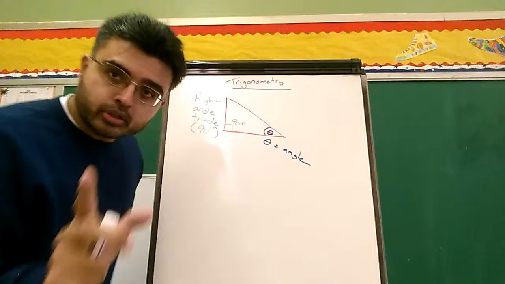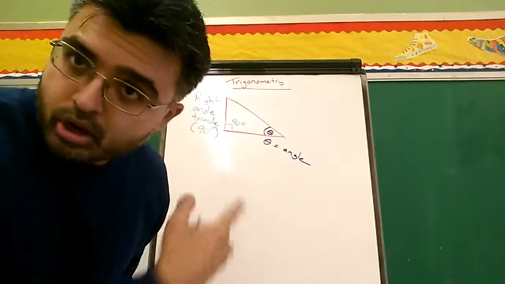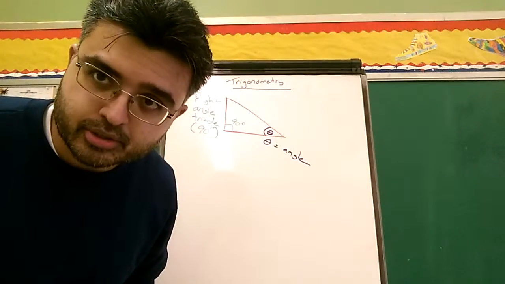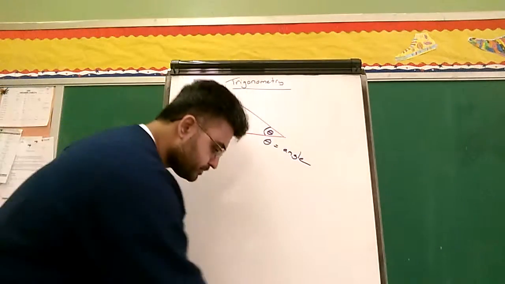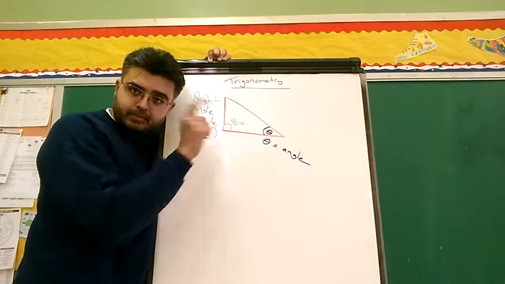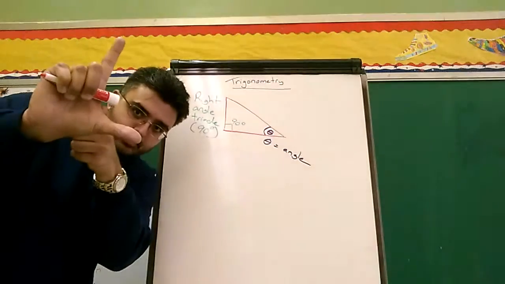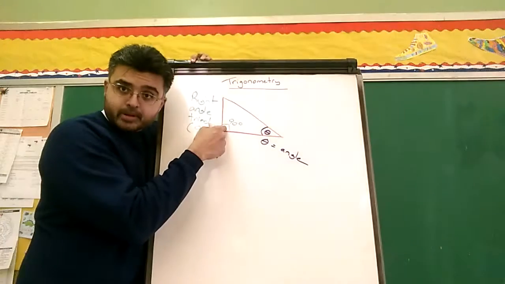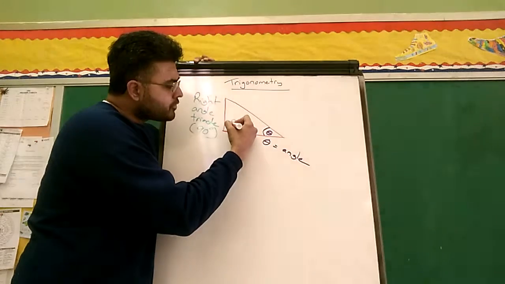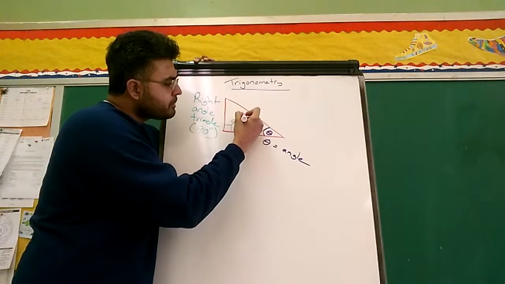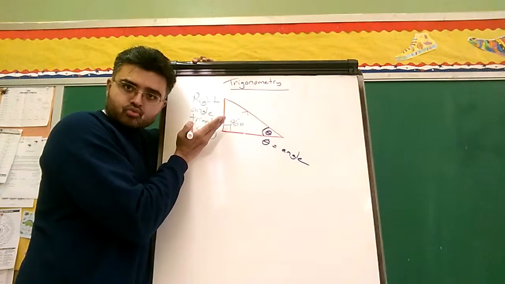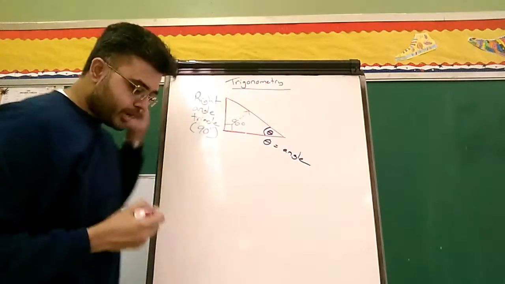first, we're going to learn how to label the parts of a right angle triangle when trigonometry is concerned. First of all, take a look at the 90-degree angle, the corner of the L-shape, right here. You see the 90-degree angle? I'm going to draw an arrow right from the box straight up to the opposite side of the triangle.